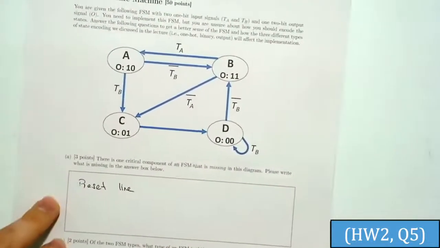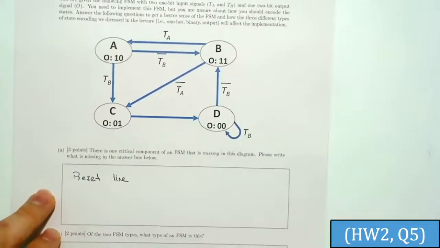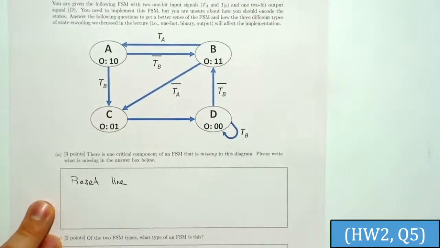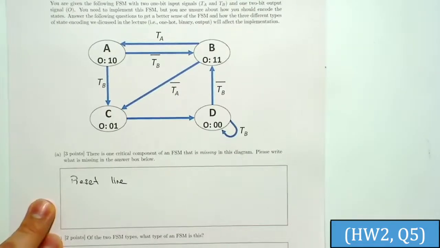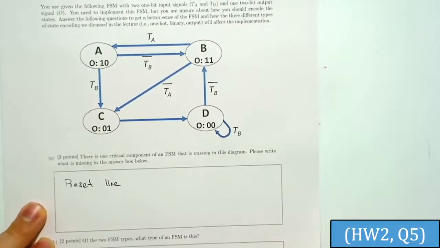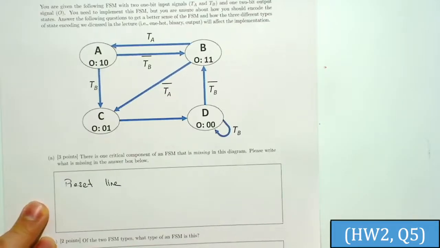Mm-hmm. I'm actually not sure about this, but does it say the same thing in the slides as well? I don't know what it says in the slides, but in the book it says it has optionally a reset signal. Okay. So should we comply with that?